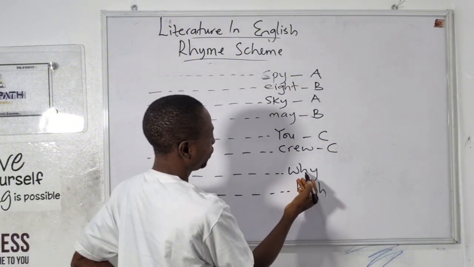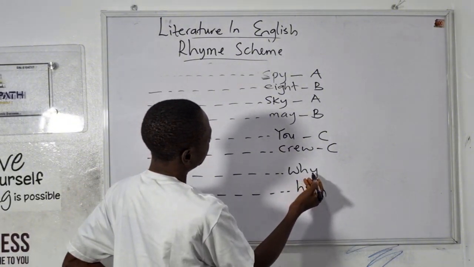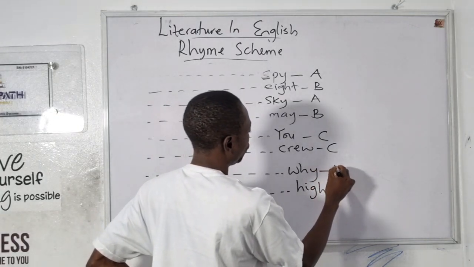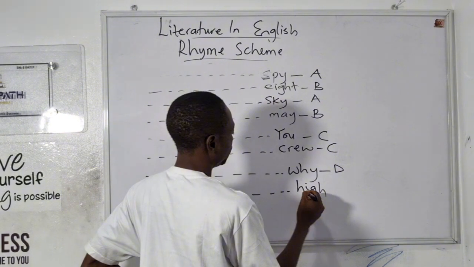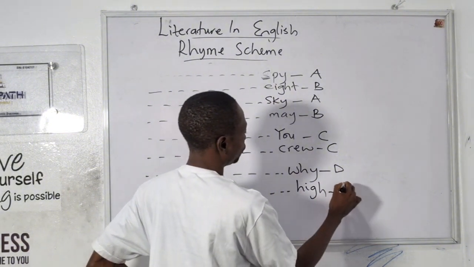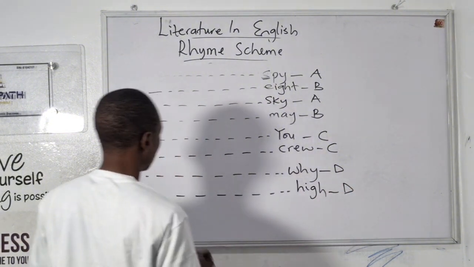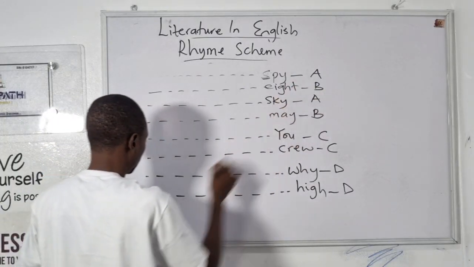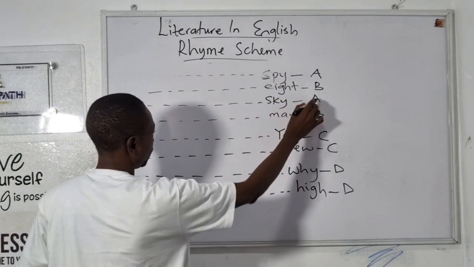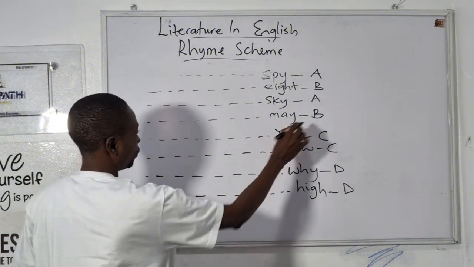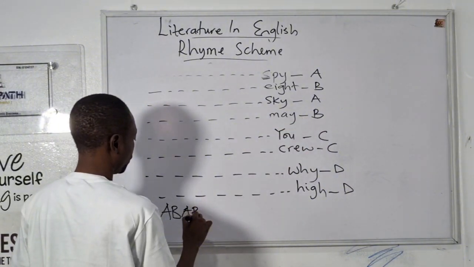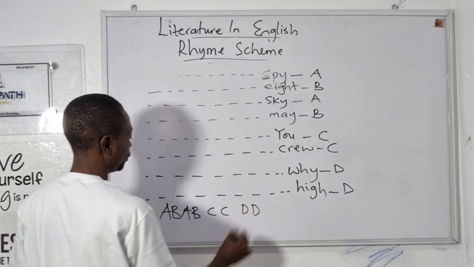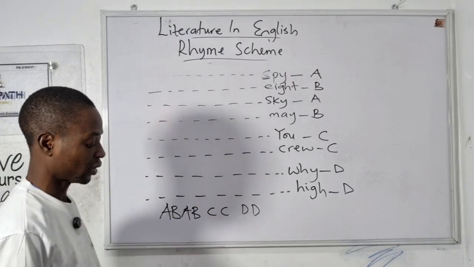So this is the end of the seventh line, which is I. You name this D. And this is also I. You name this one D. So in that case, the rhyme scheme of this poem will now be A, B, A, B, C, C, D, D. So this is just an example.